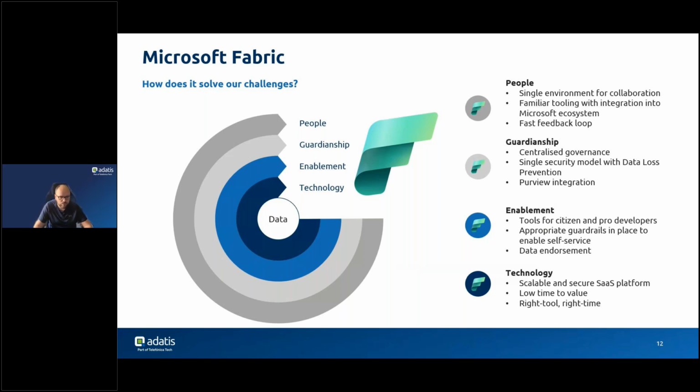So from the enablement side, it gives us tools for both citizen and professional developers with the right guardrails in place to enable them to self-serve on top of the data and enable them to mark data as endorsed when it's reached a certain level of quality. From a governance point of view, we've got centralized governance through the use of Purview and through the OneLake platform.